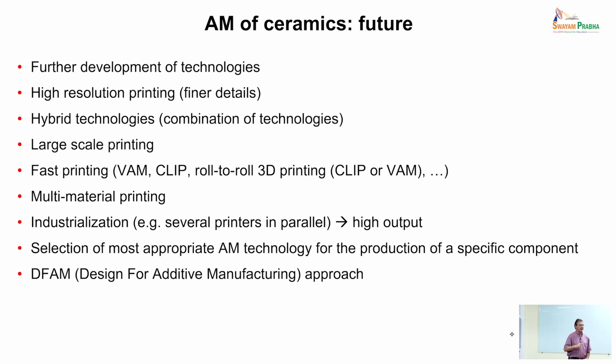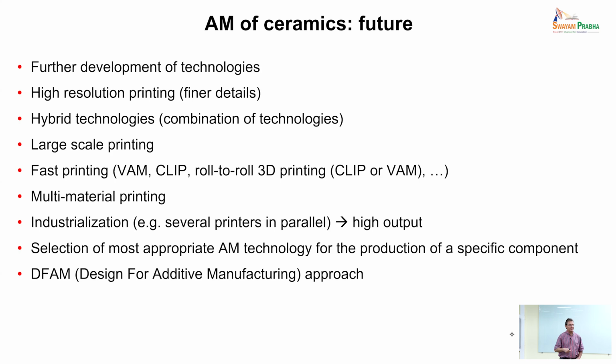Industrialization is a challenge in terms not just of the cost of the industrial printers, but in terms of the fact that, as I mentioned, if you need to have a large output, the only way is to have several printers working in parallel. So you need to create a printer farm, and it can be automatized with a robotic arm taking the part and feeding the system.